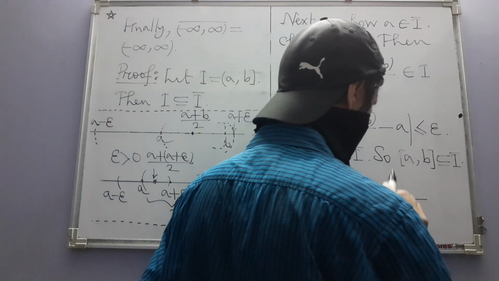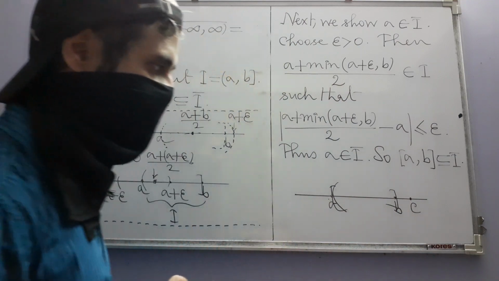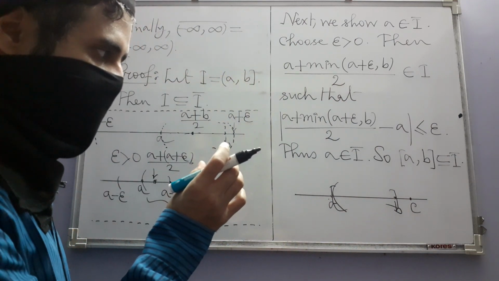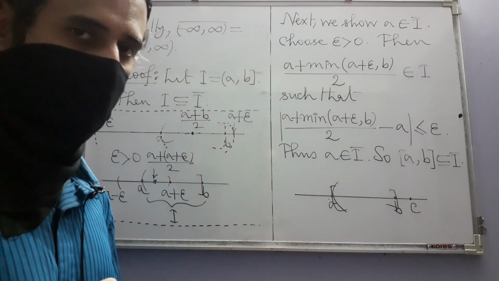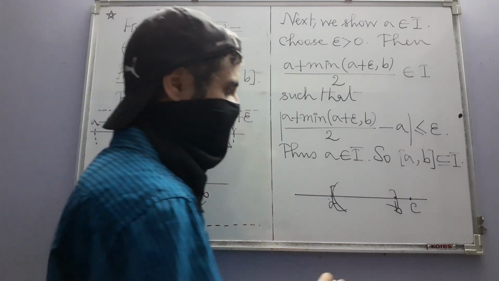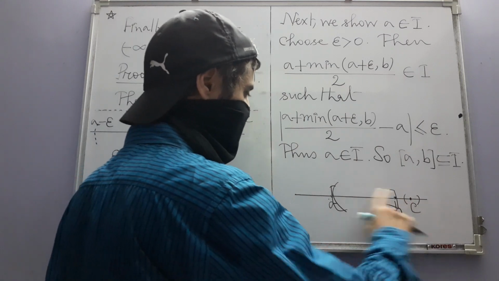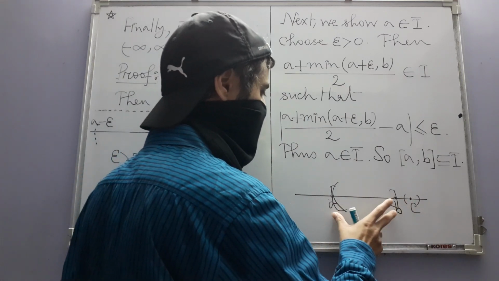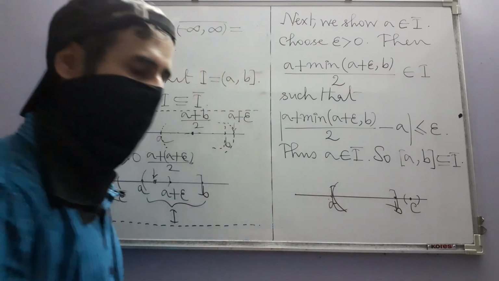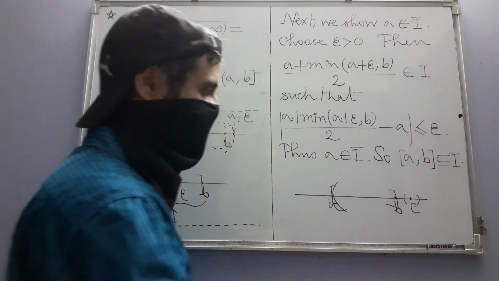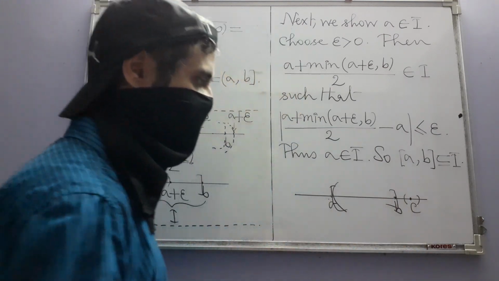So in order to show that C is not an adherent point, you should choose a region around C small enough so that within that region you cannot choose any point from I. In other words, that region is disjoint with I.